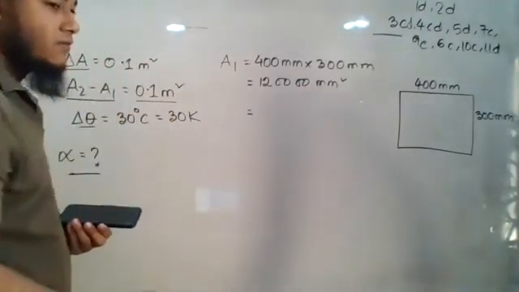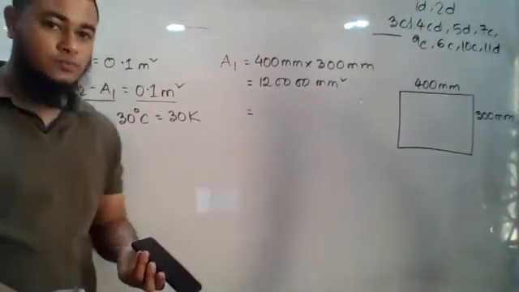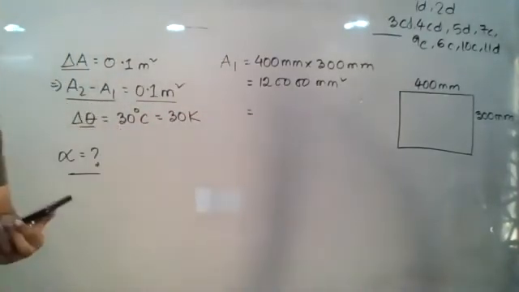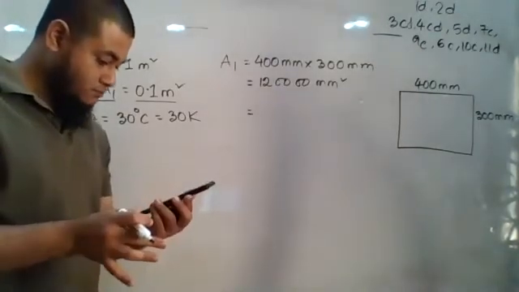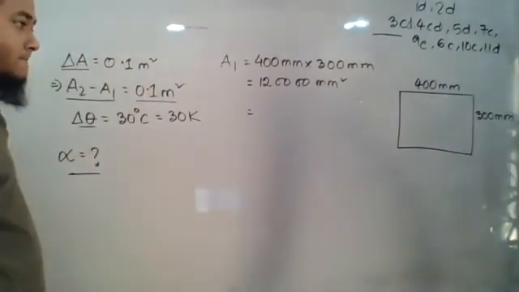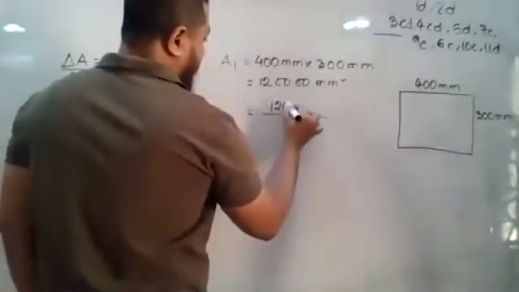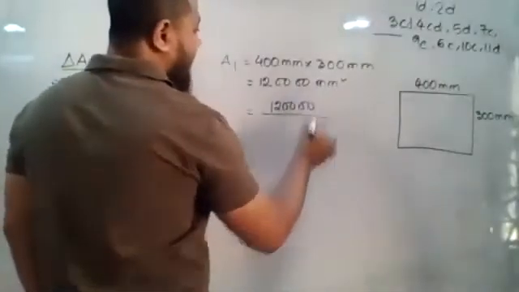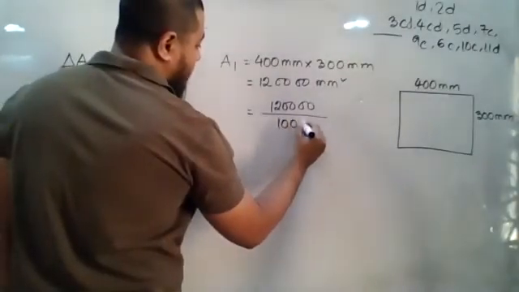Can you tell me, if I want to convert from millimeter to meter, what I need to do? Do you know? Nobody knows. So when I'm converting from millimeter to meter, I need to divide by 1000.